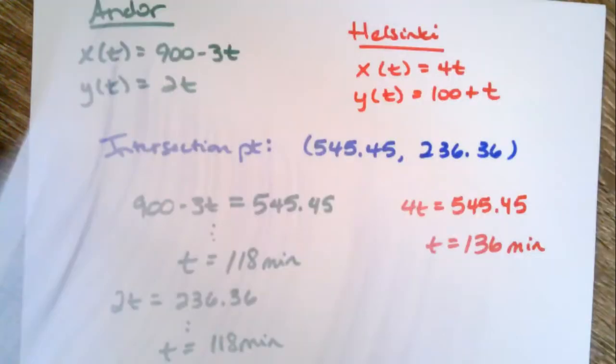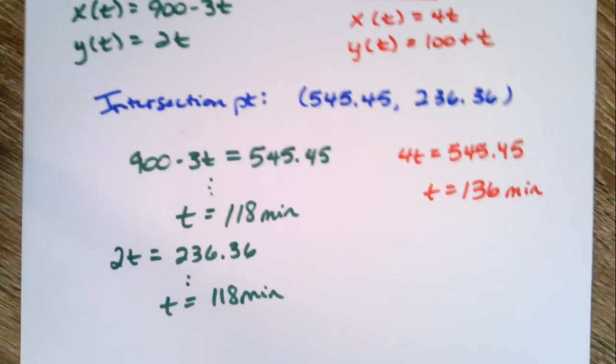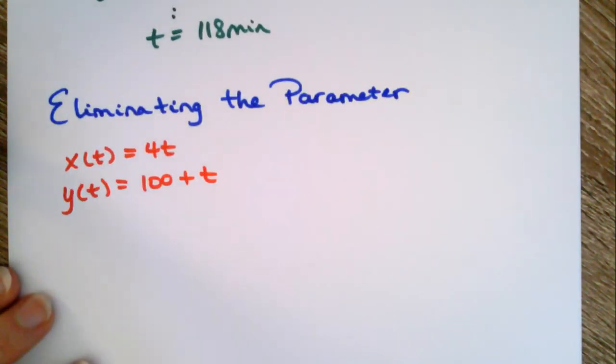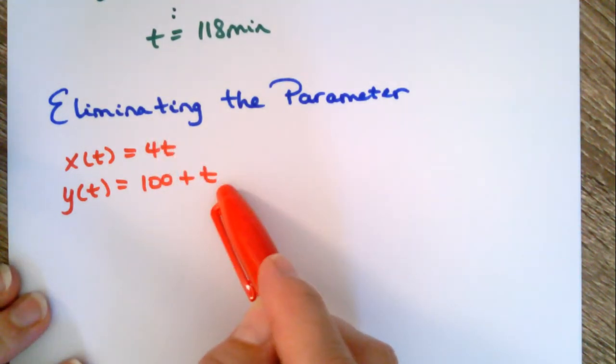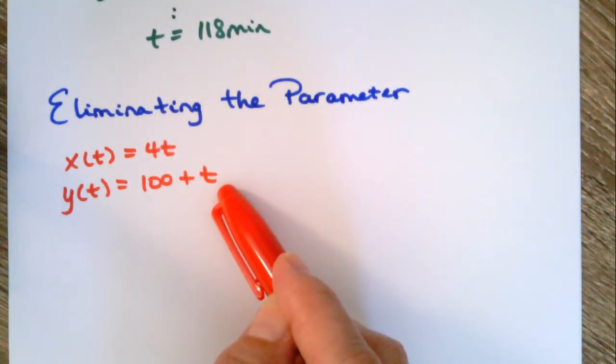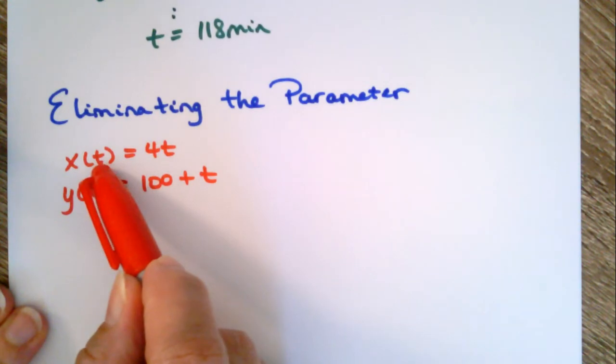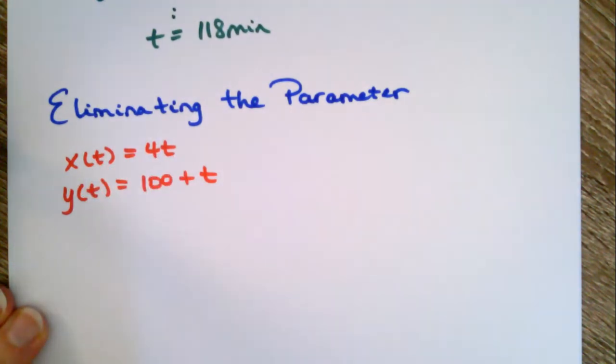And this process is called eliminating the parameter. And what we want to do is eliminate this variable of t and end up with an equation that is only in terms of x and y. So I'm going to take the x equation and solve for t.